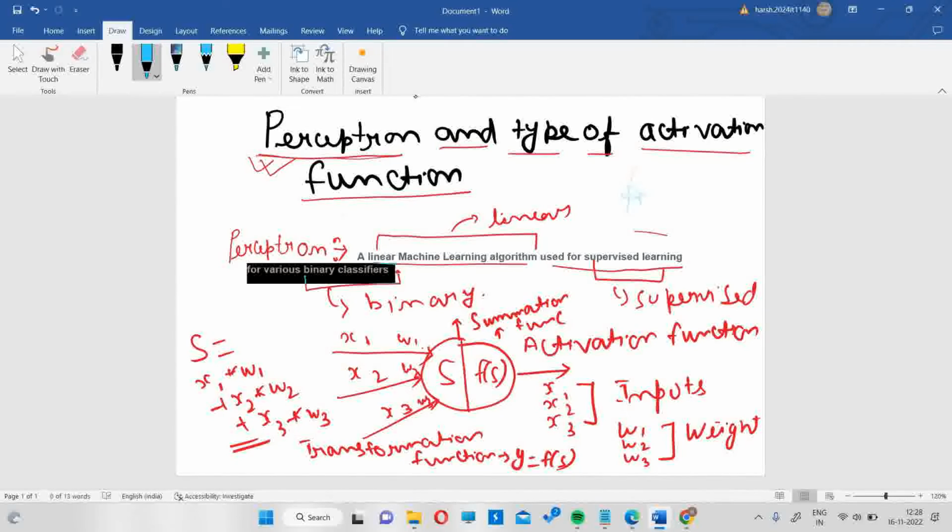See, this x1, x2 and x3 are inputs, w1, w2, w3 are weights, and this is the output.